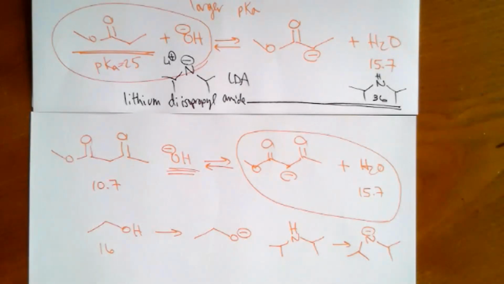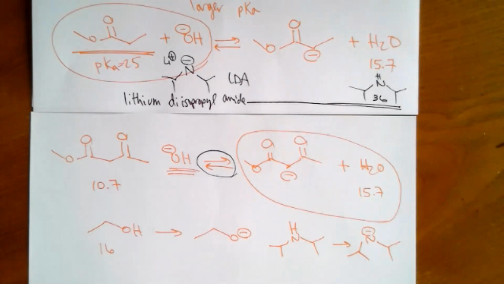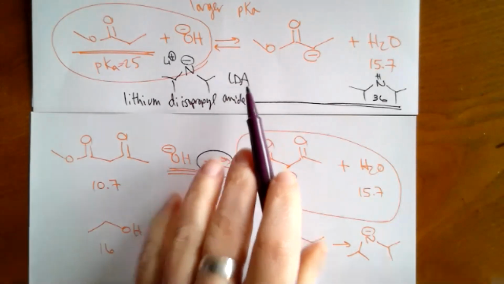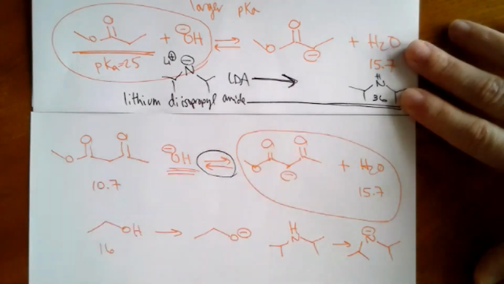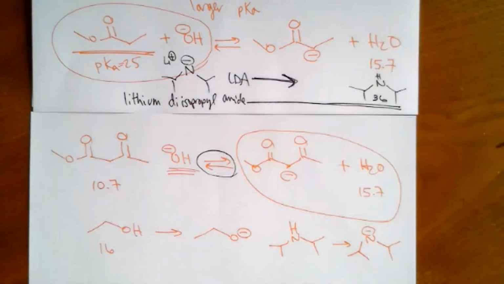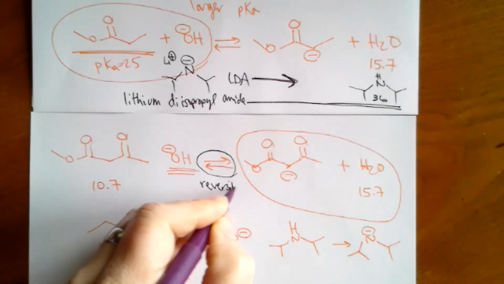We will actually say that when you use a weak base like hydroxide or ethoxide, the process is reversible. When you use LDA, we're going to say that that favors products and products only. We're going to say that LDA is so strong that it exclusively favors products with no reactants left. This reaction with hydroxide, reversible.